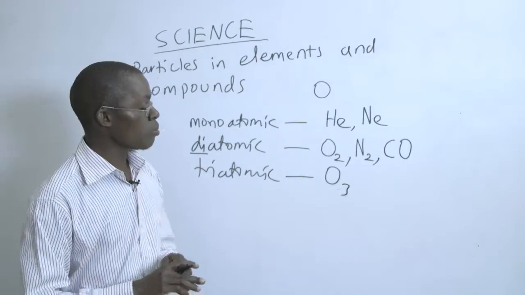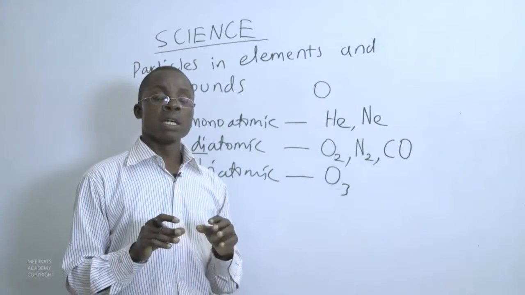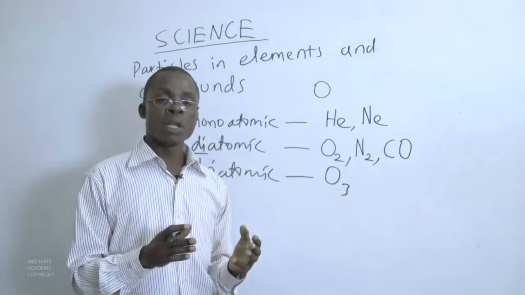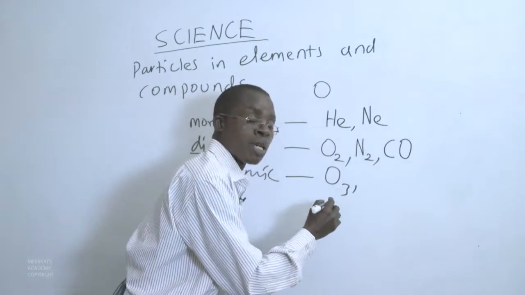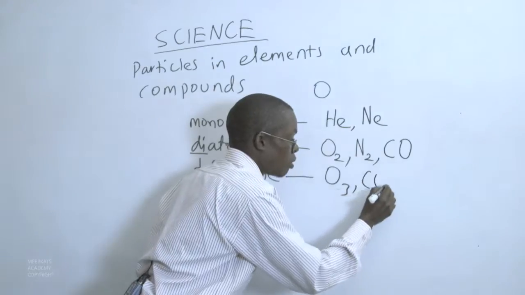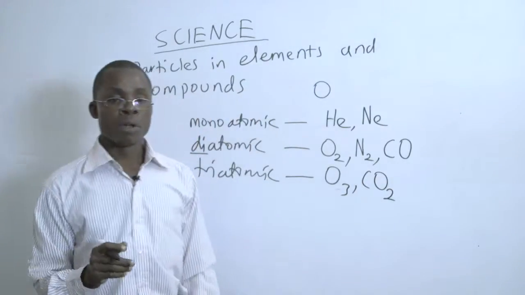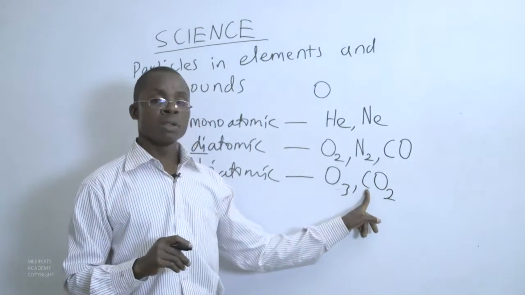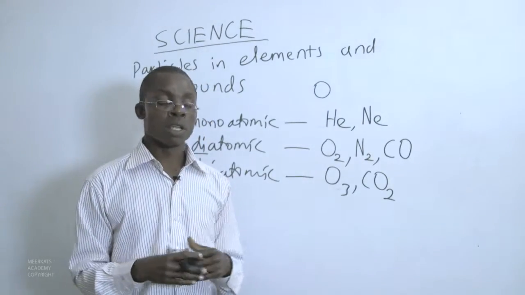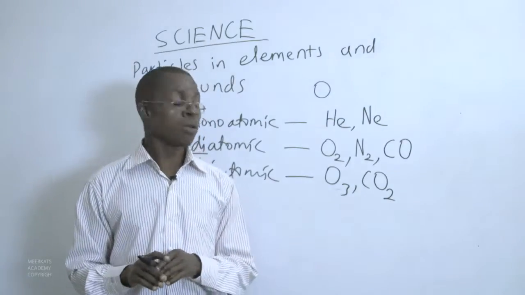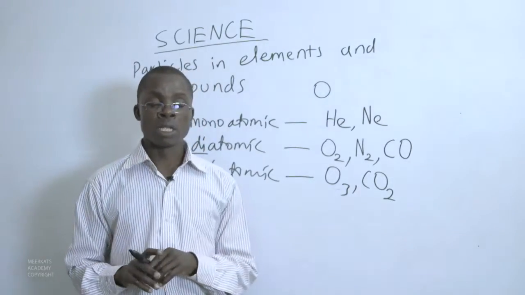We can also have a triatomic gas that comes from different atoms together. A good example is our carbon dioxide, or carbon 4 oxide, where you can see 1 carbon atom and 2 oxygen atoms together to form one molecule, which is carbon 4 oxide.